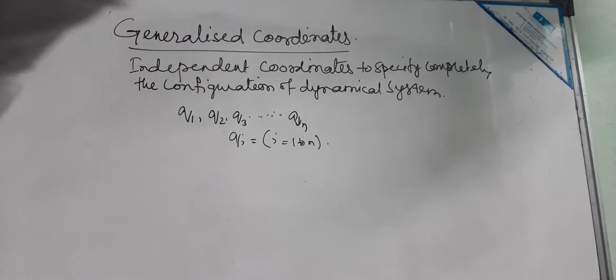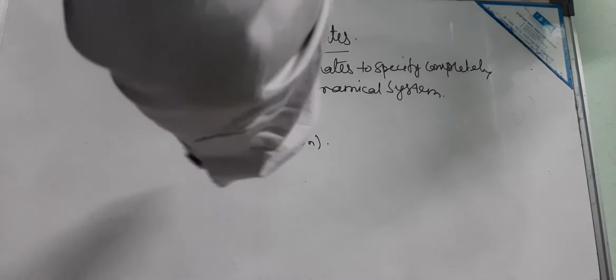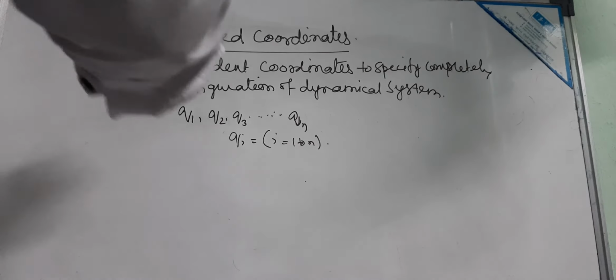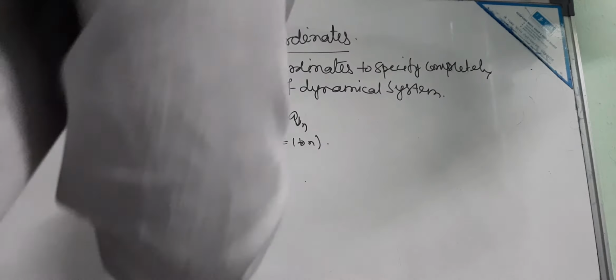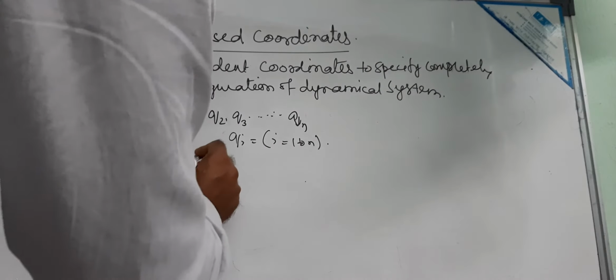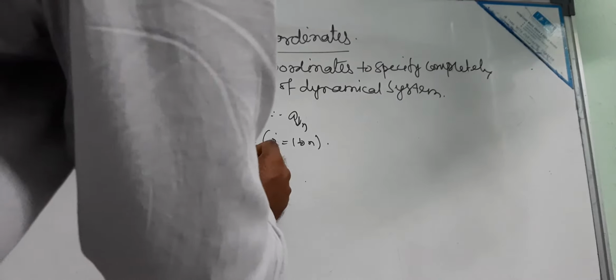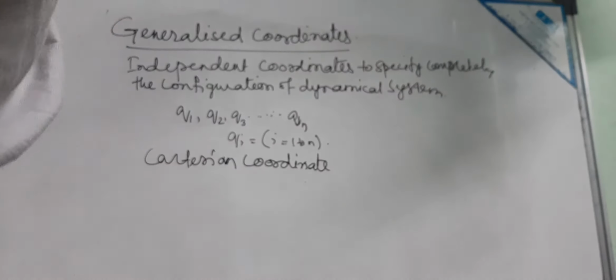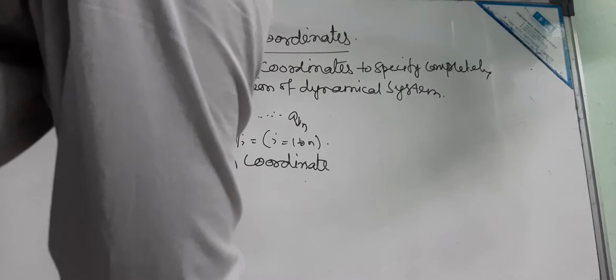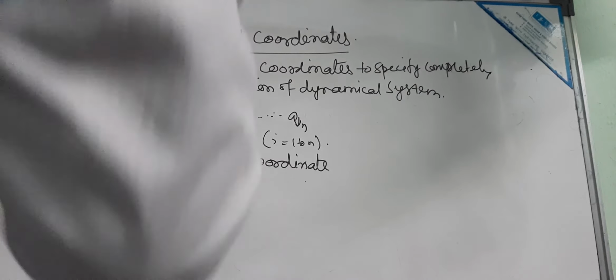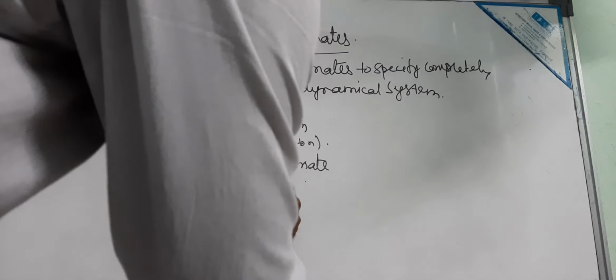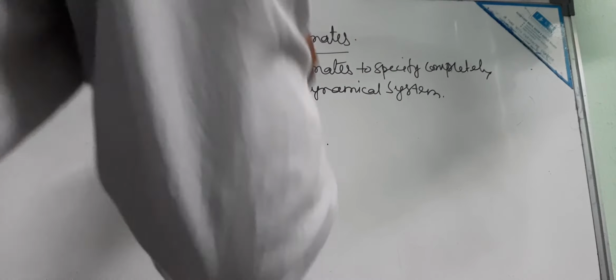If we come to the Cartesian coordinate system in two dimensions, the generalized coordinate q1 is taken to be x and q2 is taken to be y.